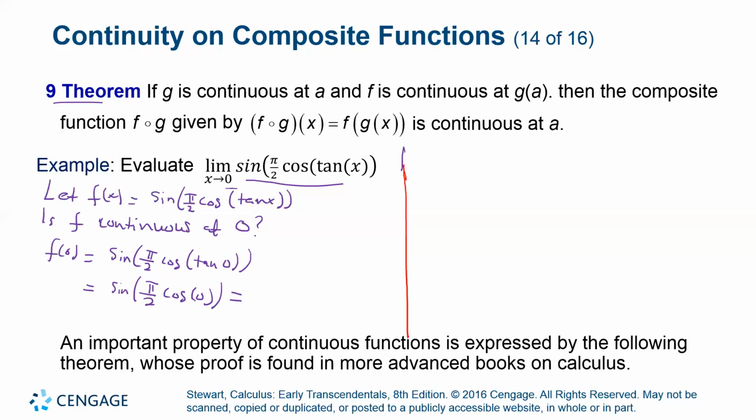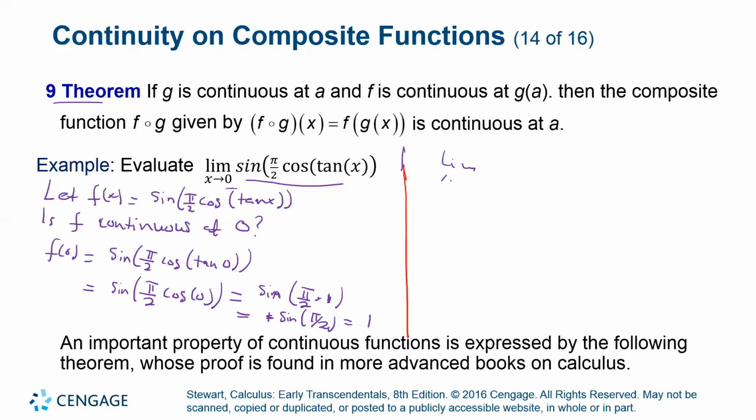Now, cosine of 0 is 1. So this is sine of pi by 2 times 1, which gives me sine of pi by 2. Sine of pi by 2 is 1.